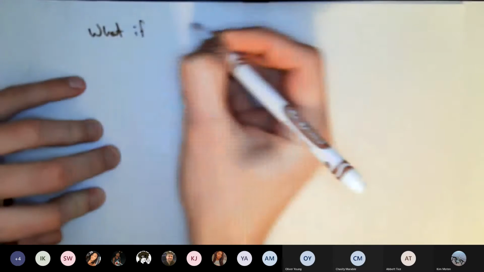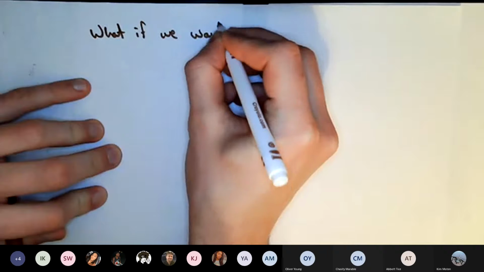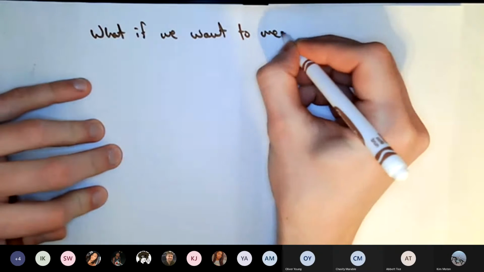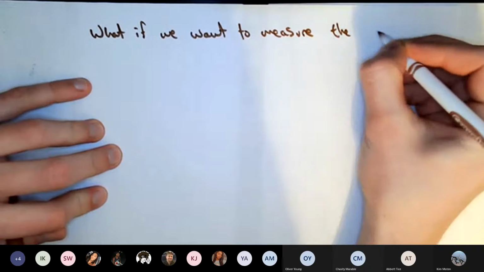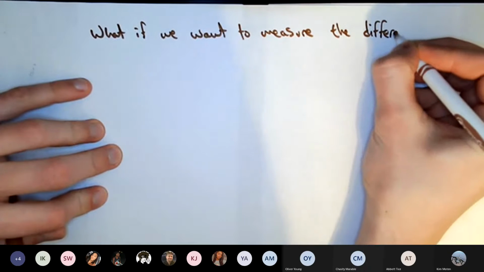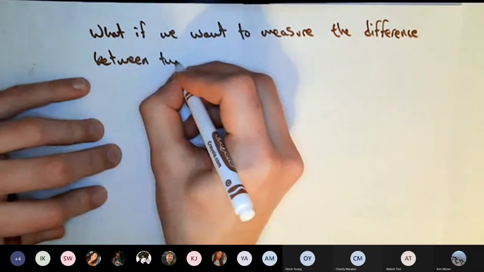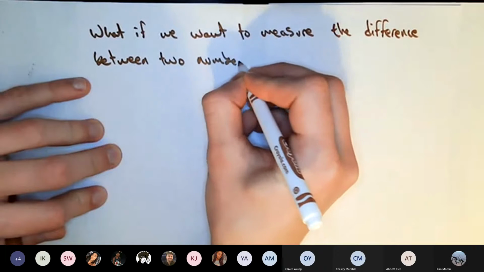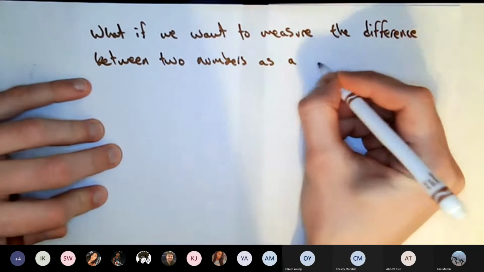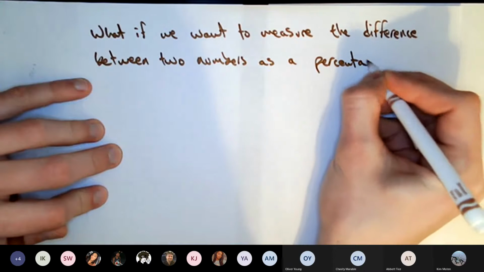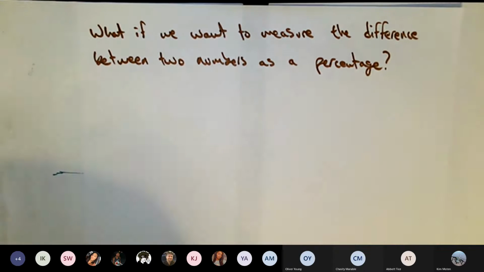What if we wanted to say, so let me write this question down. What if we want to measure the difference between two numbers as a percentage?